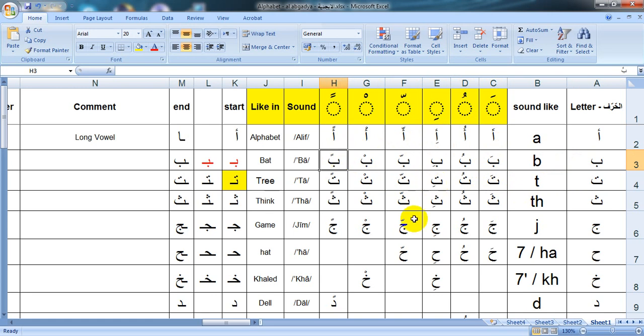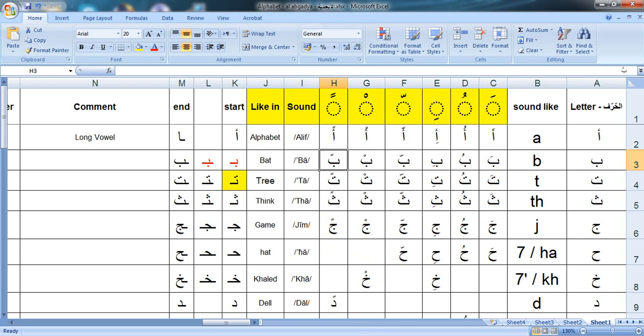Great. So this is how you are able to use the alphabet in Arabic. Okay, and let's not forget, the alphabet is not what we want. It's just a way that we use to read. Okay, keep focusing on that.